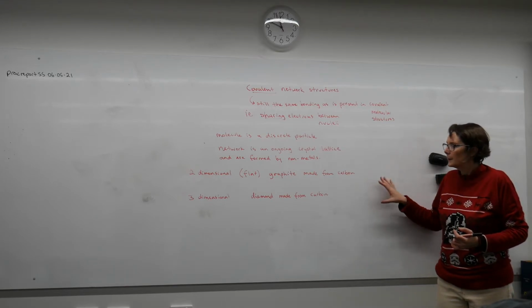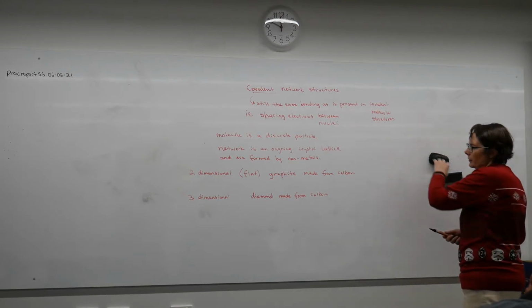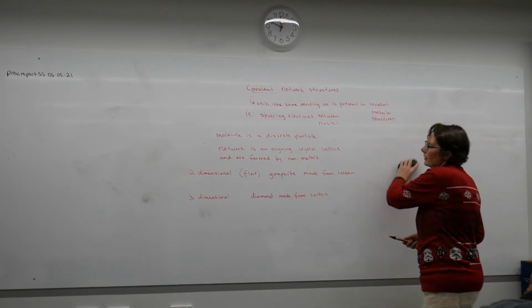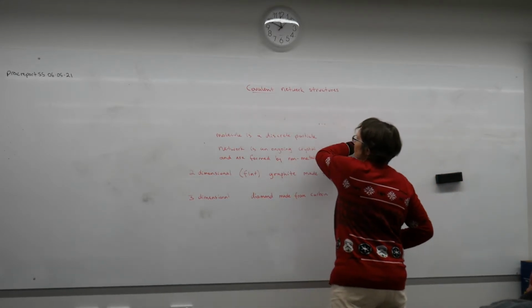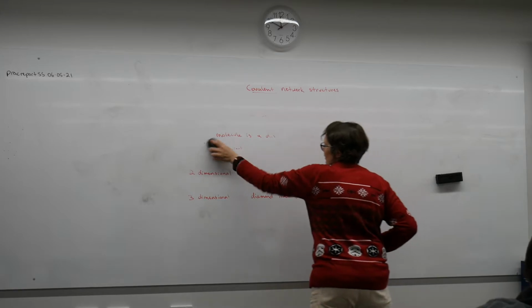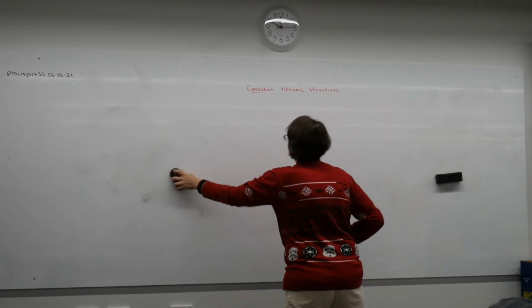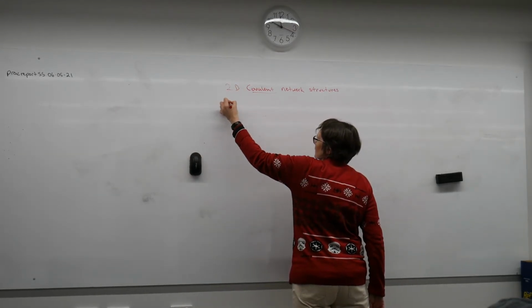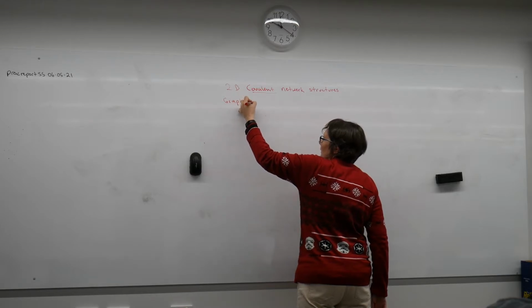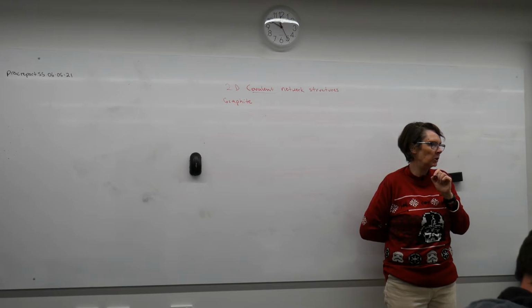Now, let's have a little bit of a closer look at graphite to start with, as our example of a two-dimensional network structure. I just said how many valence electrons carbon has. Do you remember how many it was? 4.